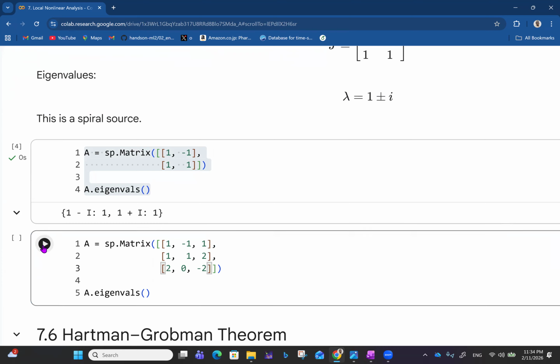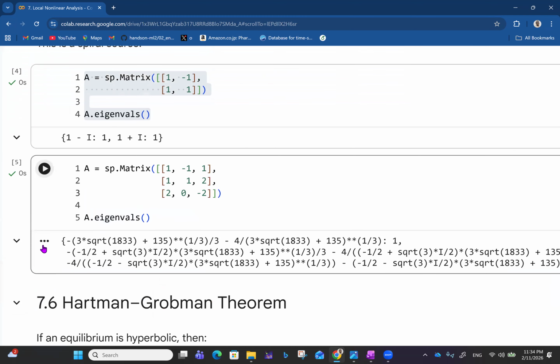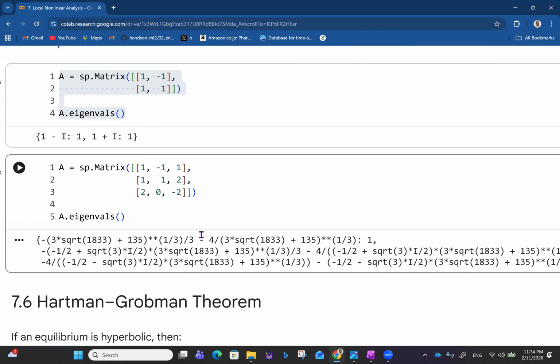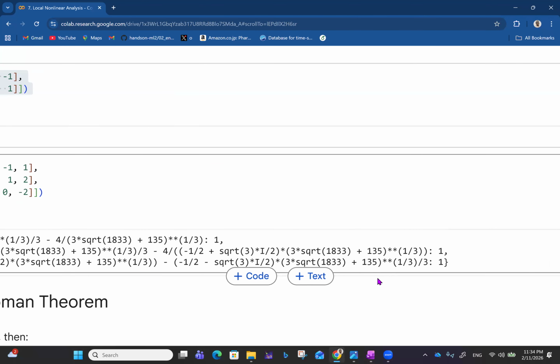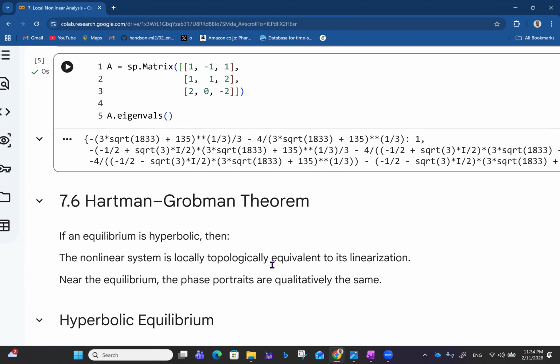Then I want the eigenvalues of this. It gets seriously complicated like this. We have some complex things right there, but it's okay.